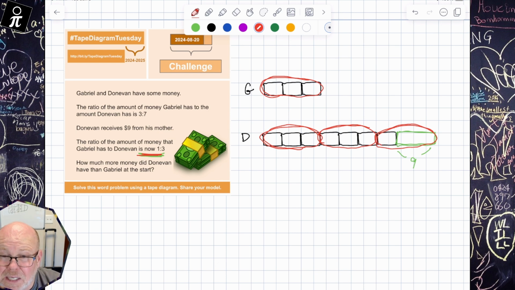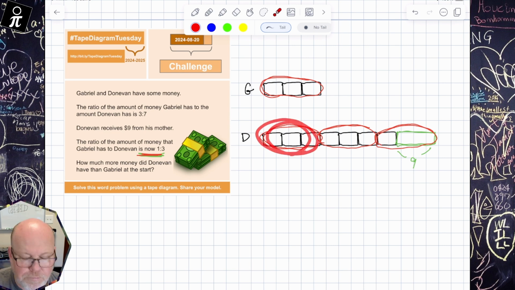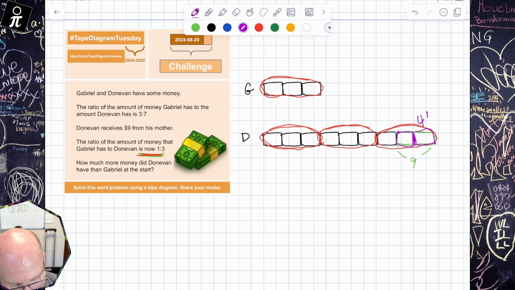So that means it takes these 3 boxes to equal 1 portion. And I see I've got 1 box right here plus 9. So that really means, and I'll do it in purple, that each of these units is 4.5, 4.5, 4.5, because that green really represented 2 of those little portions.